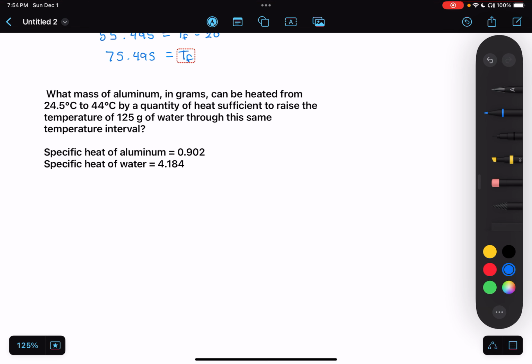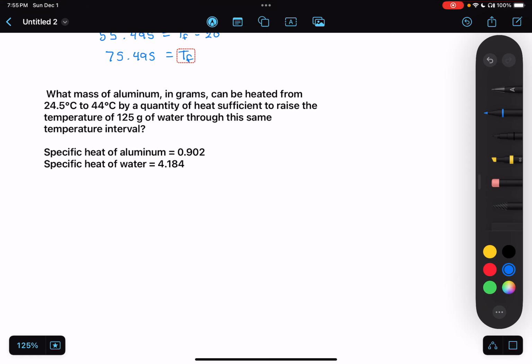All right, final question. What mass of aluminum in grams can be heated from 24.5 degrees Celsius to 44 degrees Celsius, by a quantity of heat sufficient to raise the temperature of 125 grams of water through this same temperature interval? So they make it pretty easy for us.